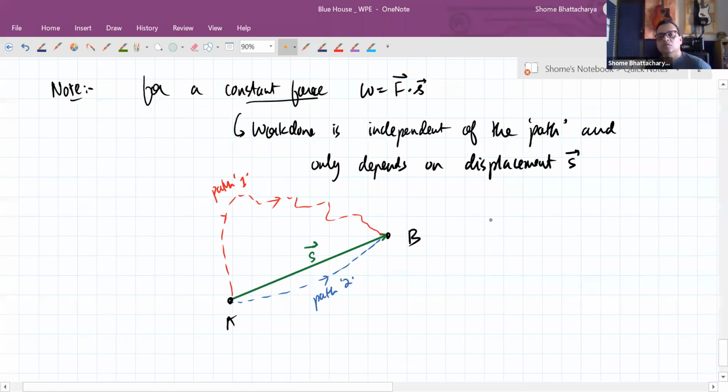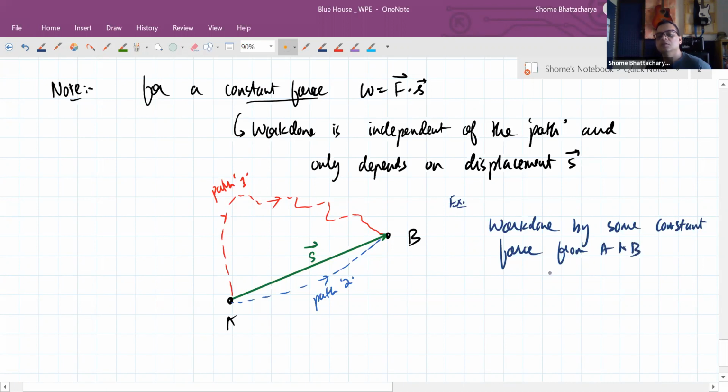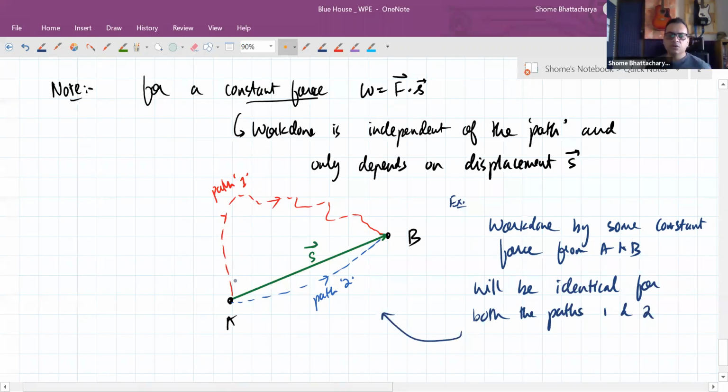But the work done by some constant force from A to B will be identical for both paths. So it does not depend on the path.